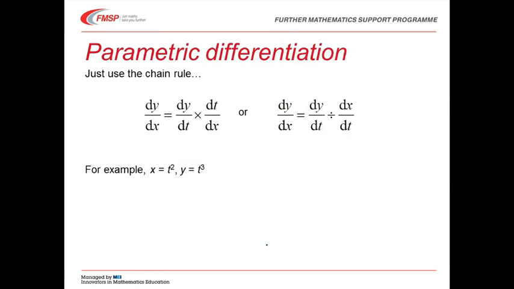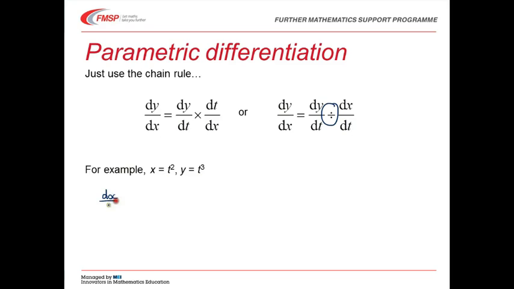Parametric differentiation is basically just the chain rule. If I want dy by dx, I need to do dy by dt times dt by dx. And sometimes dt by dx will be easiest to work out, sometimes dx by dt, in which case we'll need that division sign in there. So here we go. I've got x equals t squared and y equals t cubed.